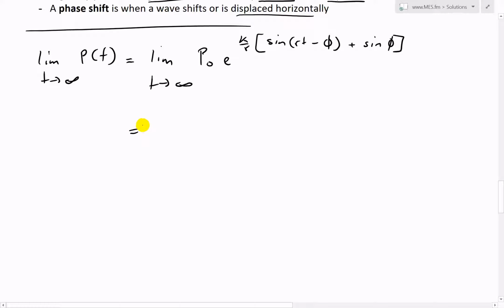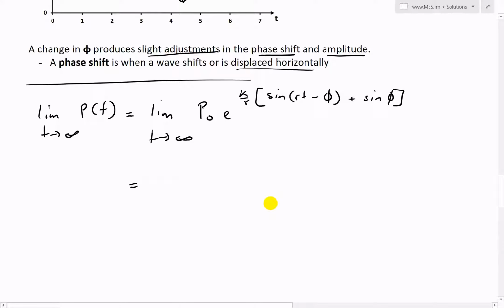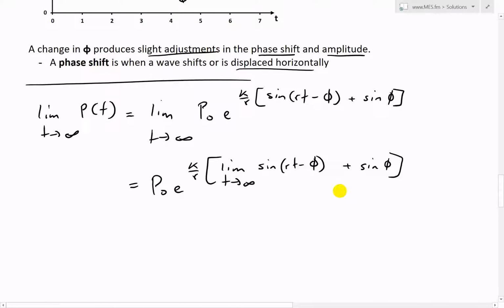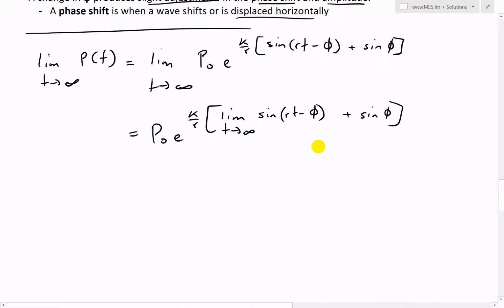Now in this limit, the only thing that's varying with time is the sine rt, so we could put the constants outside. This equals p naught e to the k over r, and then the limit as t approaches infinity of sine rt minus phi, plus this sine phi. These ones aren't changing based on t, only this value is.